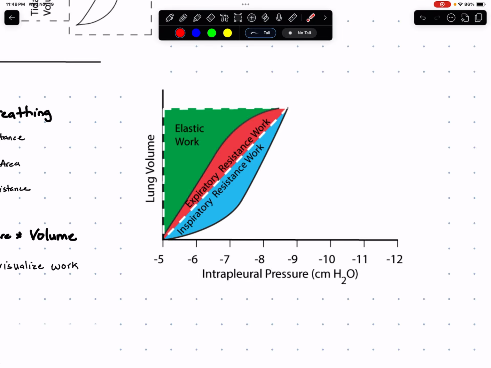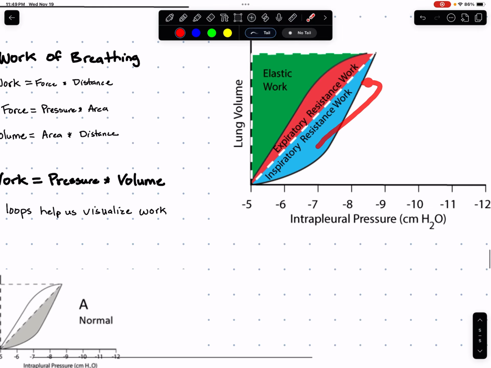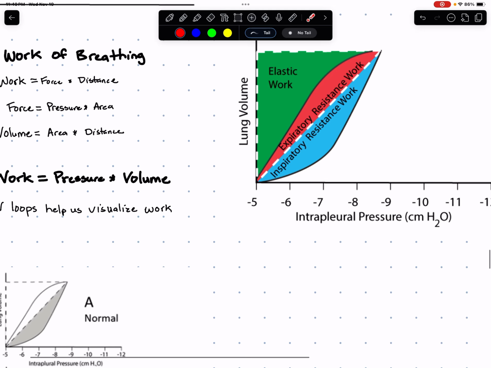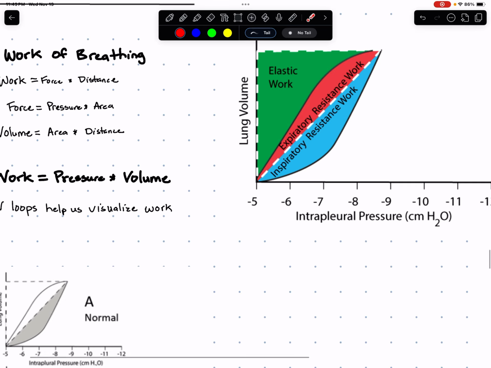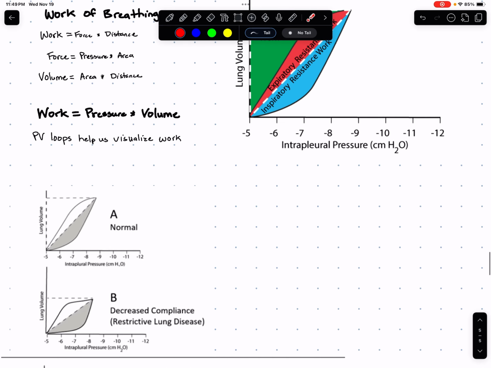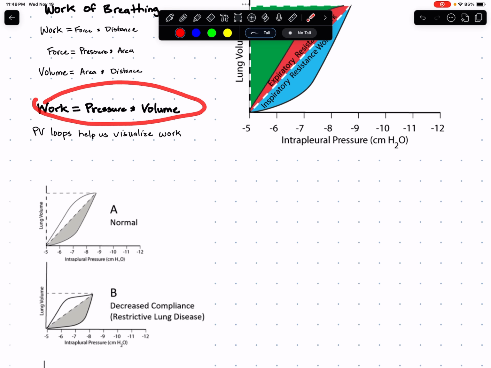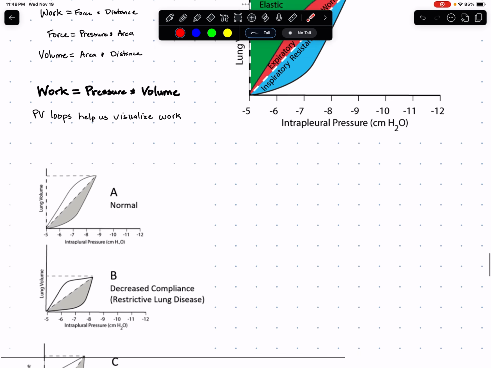So it takes a lot more work to inspire than it does to expire. As you can see, this right here is elastic work against and elastic work there. And these help us determine work because PV loops help visualize work, because work is pressure times volume. Here's the derivative.